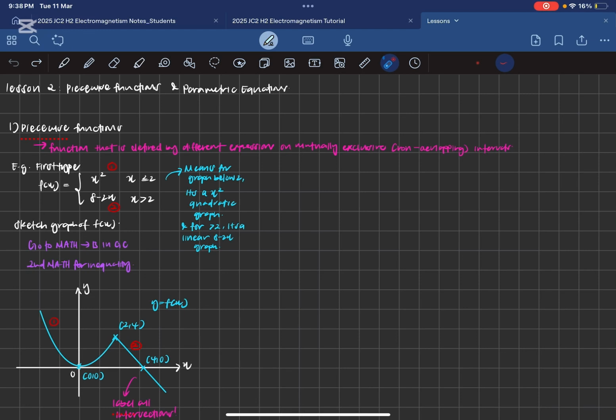Number 1, we're going to look at piecewise functions. Just like how the name is stated, piecewise, so in pieces. You're looking at functions in pieces. If there are going to be pieces, there are going to be different parts of the curve as well. The definition is a function that is defined by different expressions on mutually exclusive intervals.